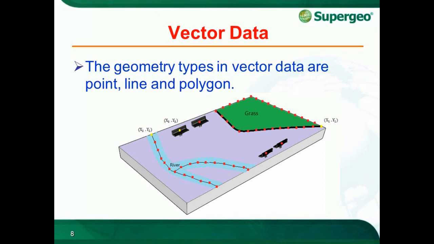And by overlaying different kinds of vector data into layers, we will have a complete geographic system. And then we will have a brief explanation of each kind of vector data.